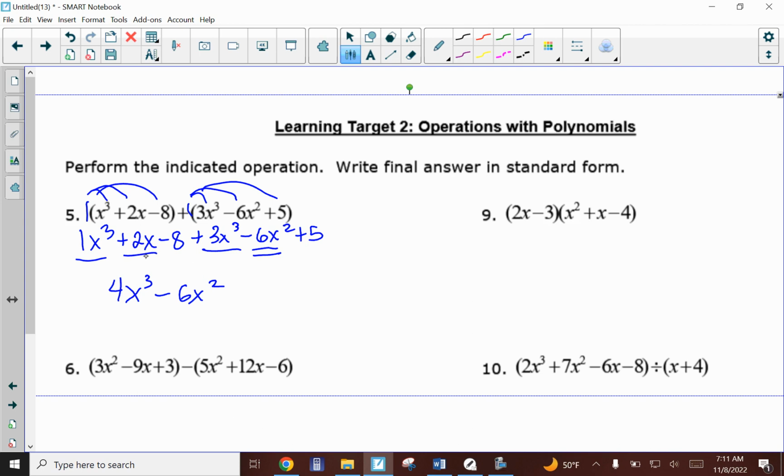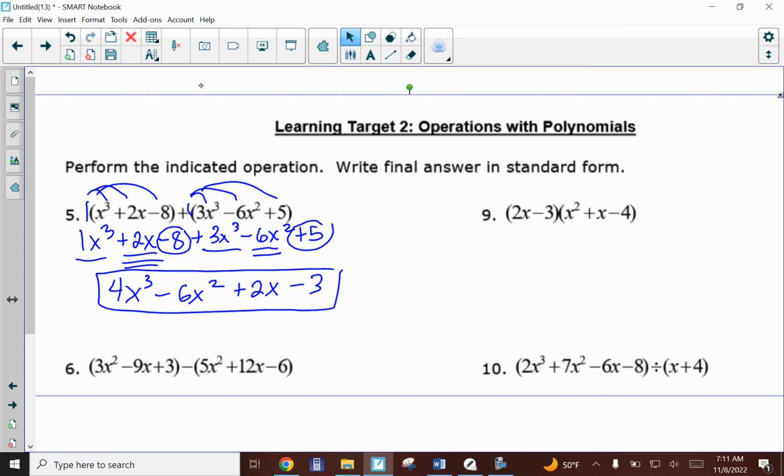Then we're going to put together the x's, x to the first. That's the only x to the first, so I'm going to bring that one down. And then last, I'm going to put the constants together. So there's a constant here and a constant here. And if you notice how I circled those, the signs are attached to the numbers. So whatever sign is right before it, that's the sign of that number. So -8 plus 5 ends up being -3, and that's our final answer.